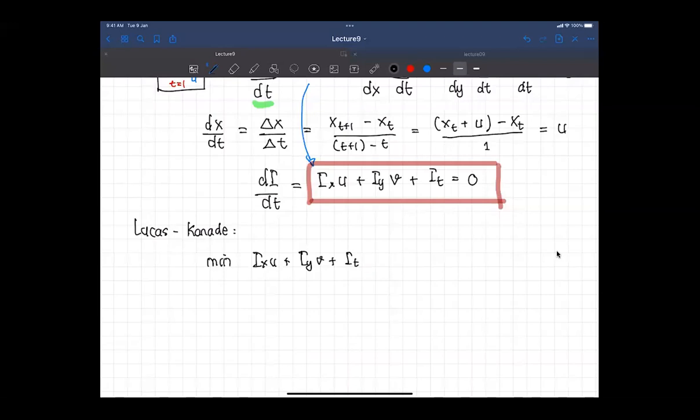U and V. So we change U and V, or we find U and V in such a way that this equation is minimized, giving you a minimum value. And if you want, you can put argmin here. In this case, the output should be U and V for every pixel.